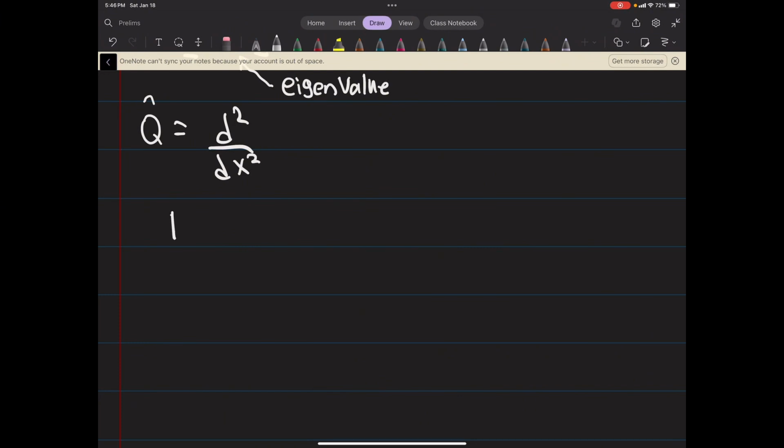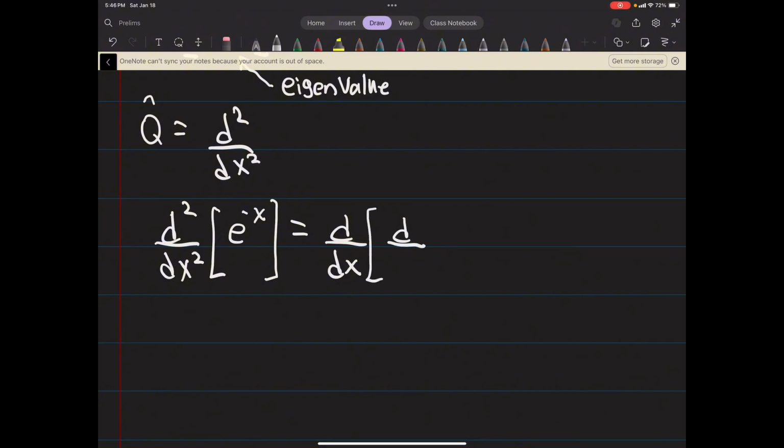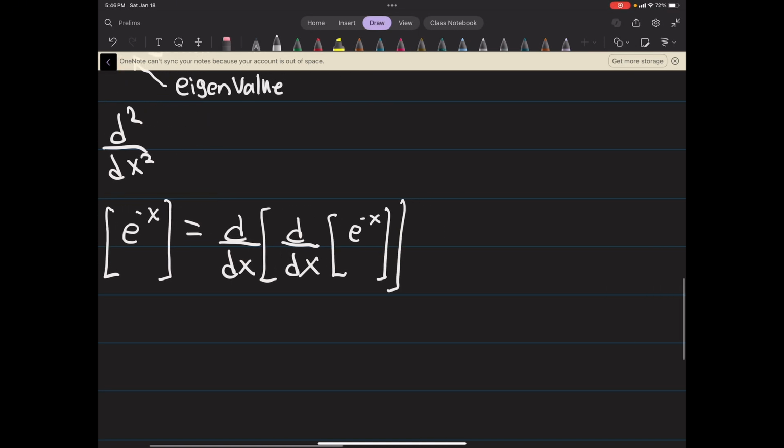Now we can try the exact same thing with e to the minus x. You might find it helpful to just rewrite this operator like this. I always find it helpful myself. Well, this is a pretty easy derivative. This is minus e to the minus x. And then when we take the derivative of that, the negative sign will go away, and it's just e to the minus x.